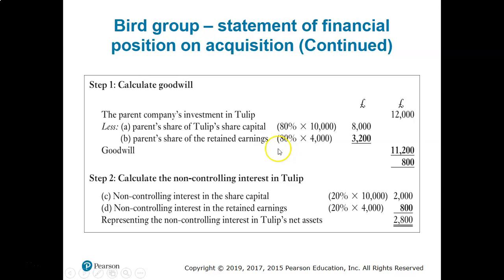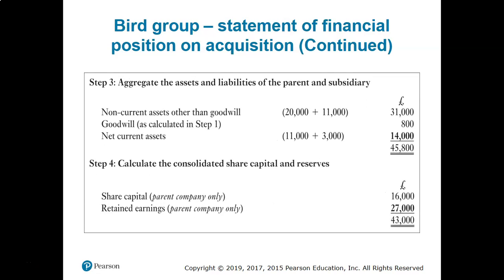The parent company is not purchasing 100%. The parent company purchases 80%, so the remaining 20% is non-controlling interest. So non-controlling interest is 20% of the share value and also retained earnings. So that is 2,800, the non-controlling interest in the subsidiary company, that should be recognized in the group financial picture.